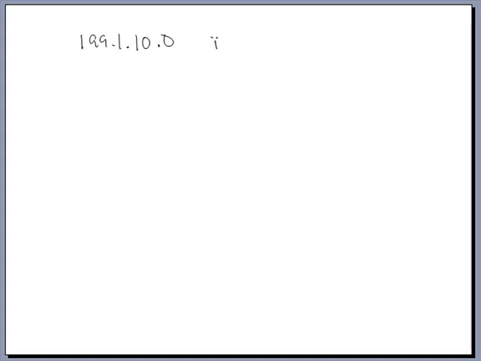And we just figured out that the increments are 32. So what we're going to do is our subnets are going to be 199.1.1.0. That's the first one.